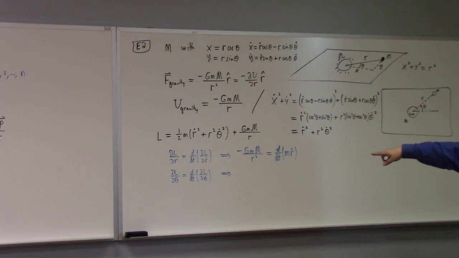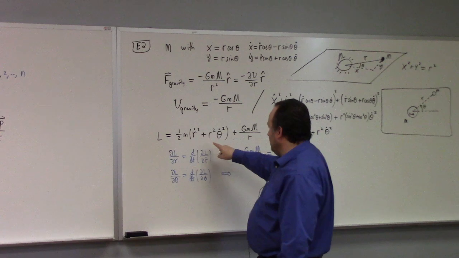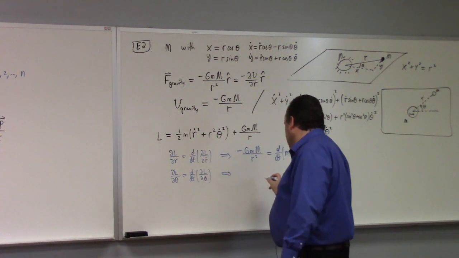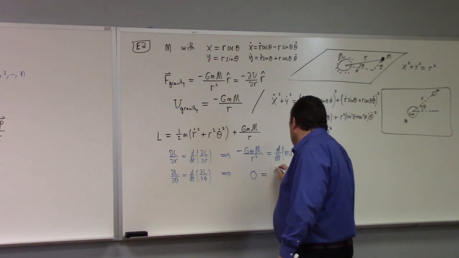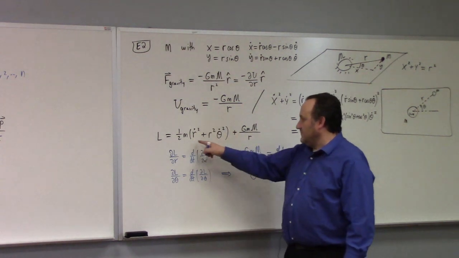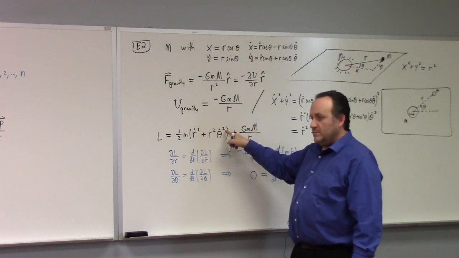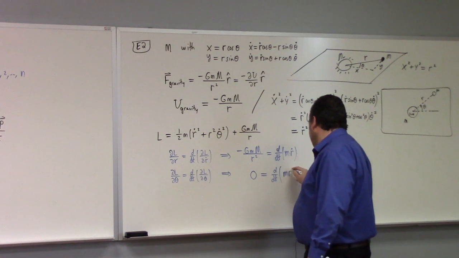What's the next equation? Partial L partial theta, what's that? There's no theta dependence here, is there? So partial L partial theta is equal to 0, all right? And that's equal to d/dt of what? If we take the partial derivative of L with respect to theta dot, we get a 2, canceling the half, and I get m r squared theta dot.